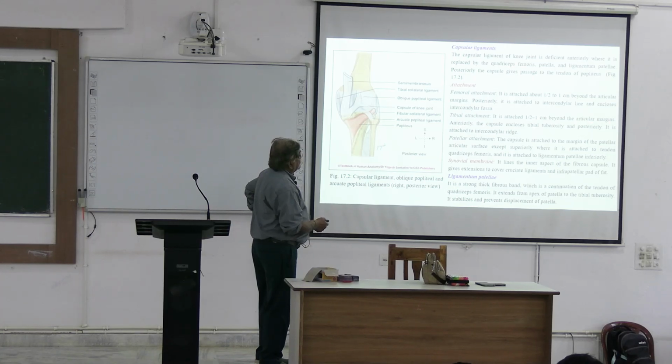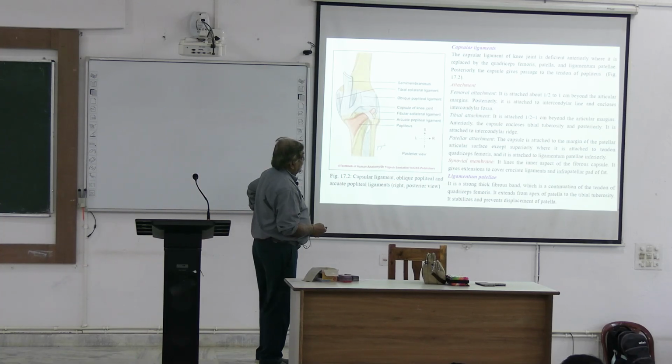Anteriorly, the capsule includes the tibial tuberosity, and posteriorly it is attached to the intercondylar ridge. Patellar attachment: the capsule is attached to the margins of the patellar articular surface, except superiorly where it is attached to the tendon of quadriceps femoris, and inferiorly to the ligamentum patellae.